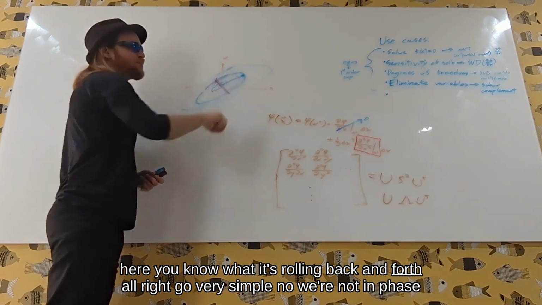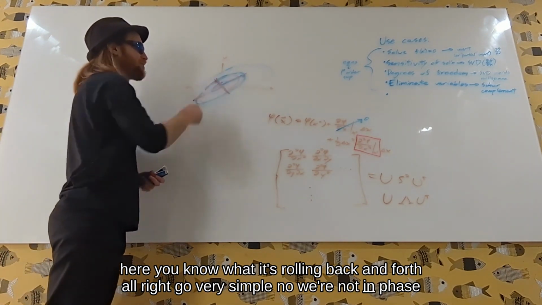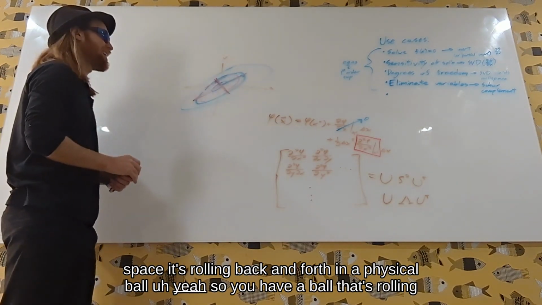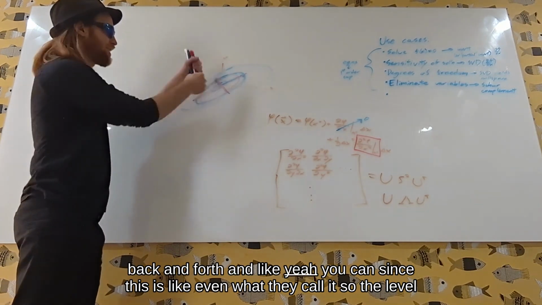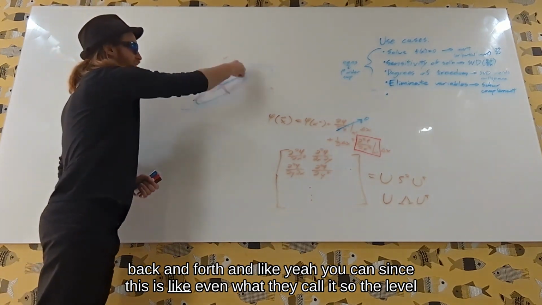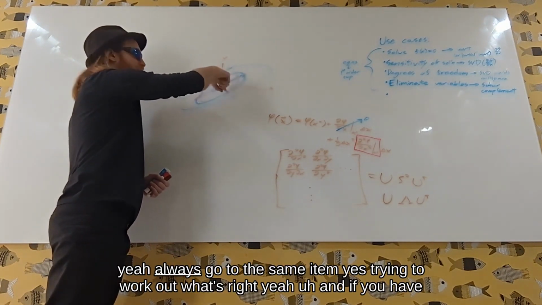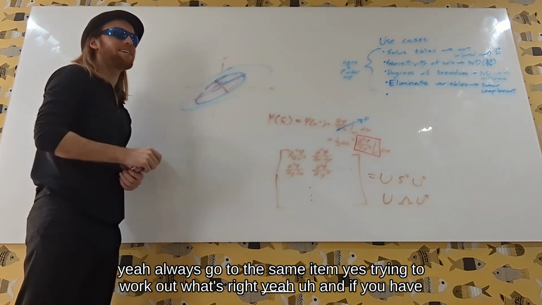It's rolling back and forth. Go very simple. No, we're not in phase space. It is rolling back and forth in a physical bowl. Since this is an iso level, it'll always go to the same height. I'm kind of trying to work out what's going on.